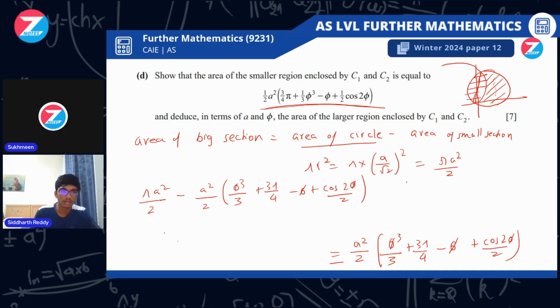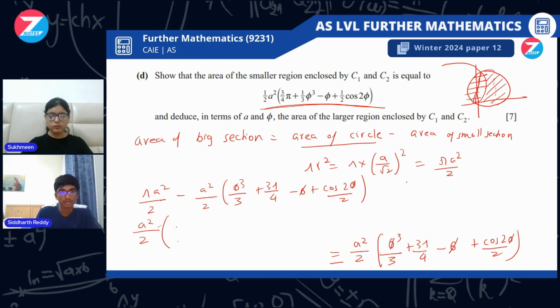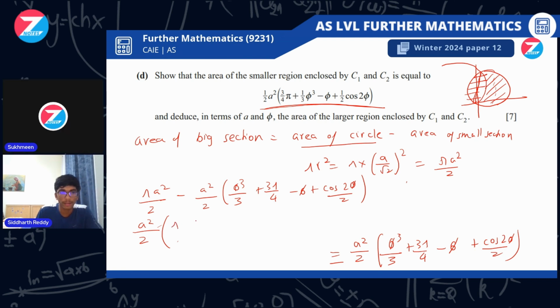So we can write, factoring the a square by 2 again, a square by 2 into pi, plus 3 pi by 4 plus 5 cube by 3 minus 5 plus cos 2 phi by 2.